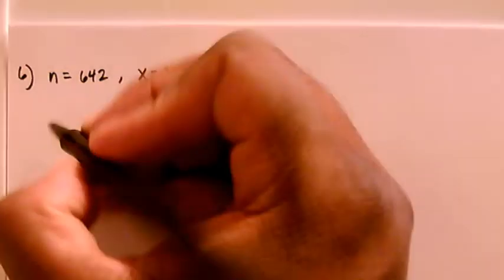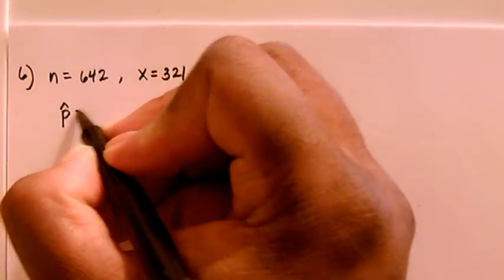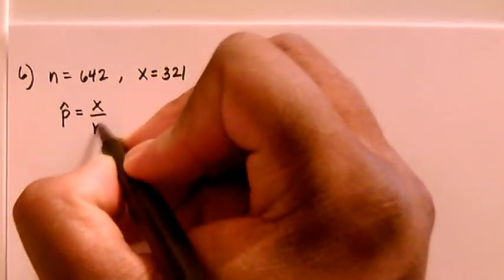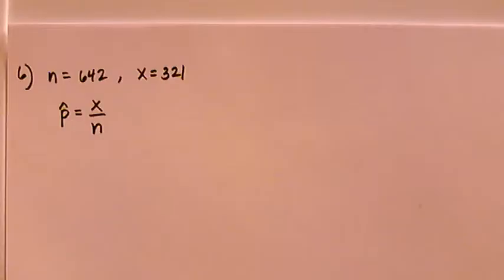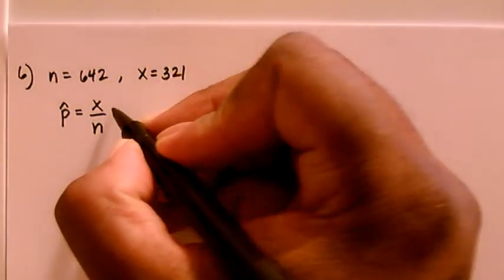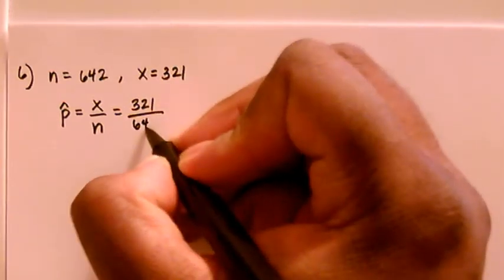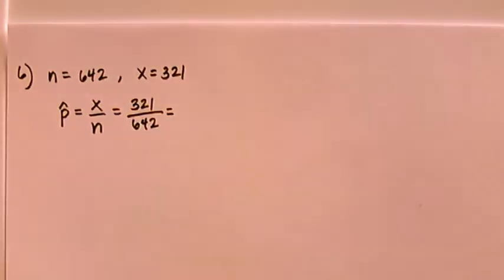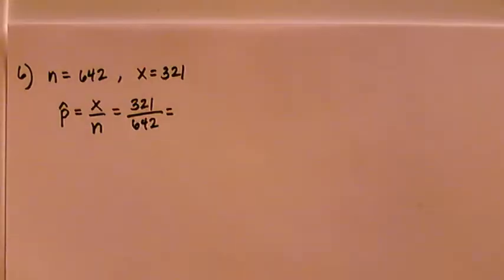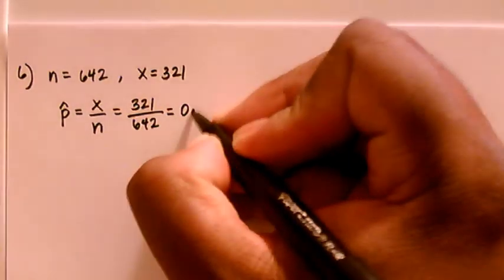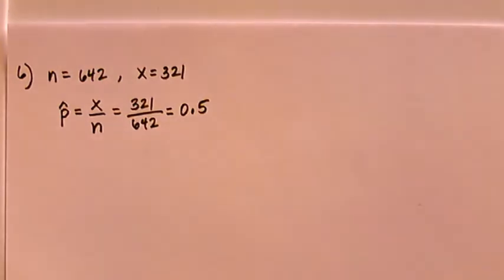So to find out what P hat is, that's the sample proportion, we take X and divide that by N, which means we take 321, divide that by 642. Now 321 divided by 642, that would give you a decimal of 0.5. Just type in 321 divided by 642, you should get 0.5 as P hat.